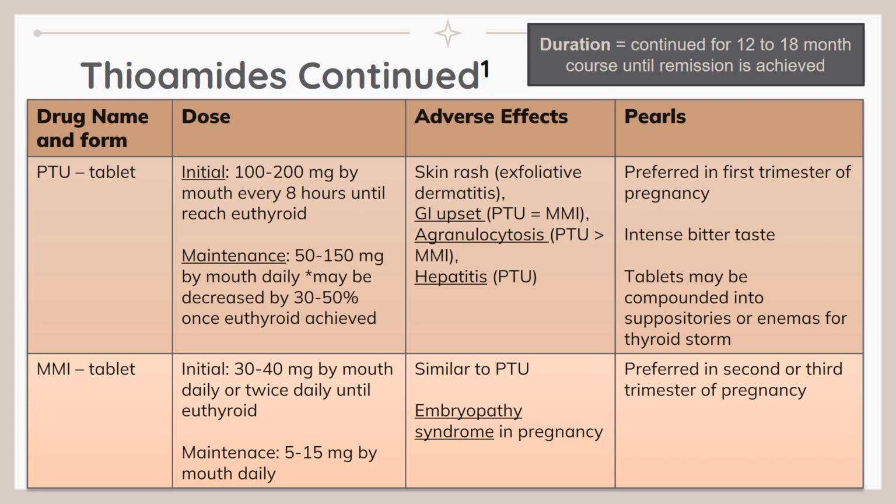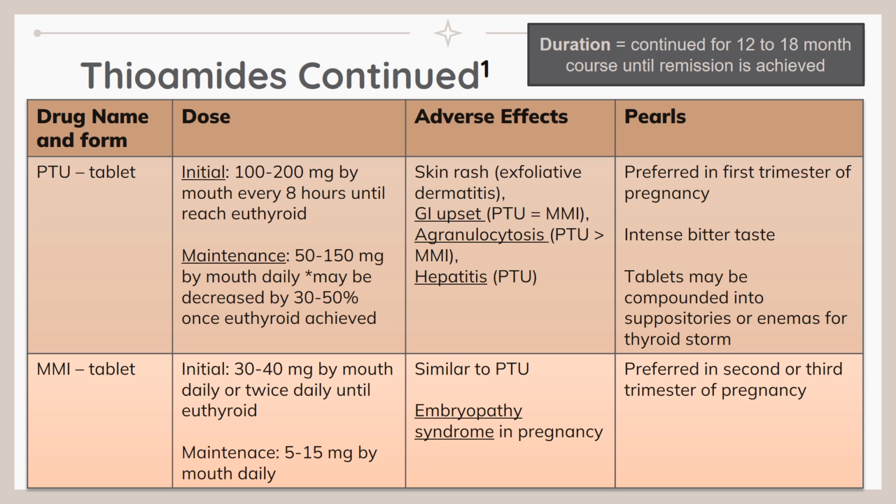Additionally, it may lead to a skin rash, more GI upset between the two, and then agranulocytosis, more so in the PTU compared to the MMI. For the MMI, it is similar to the adverse effects listed above. However, it can lead to embryopathy syndrome in pregnancy, and that is why it's not preferred in the first trimester. And this adverse effect is also seen in warfarin-exposed babies as well.